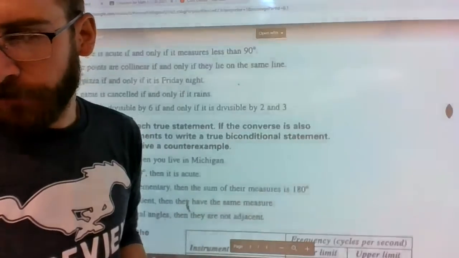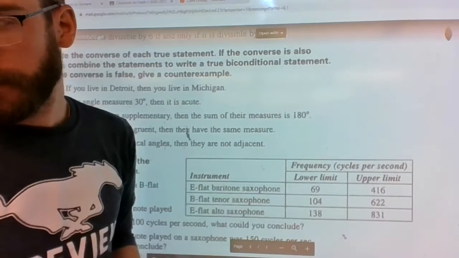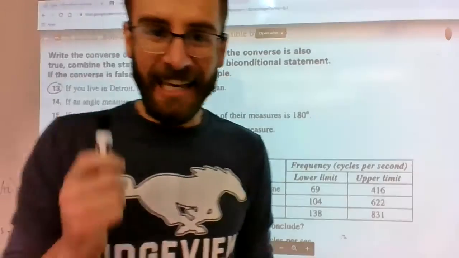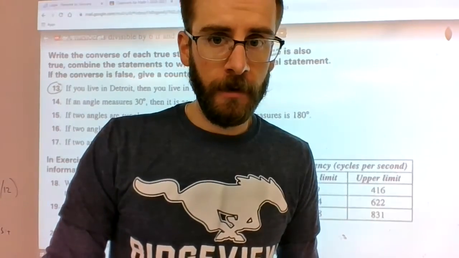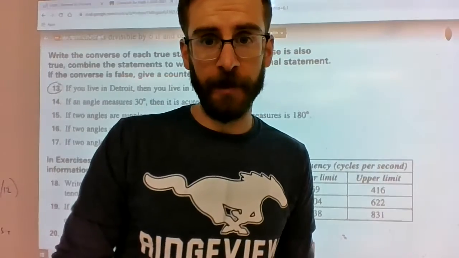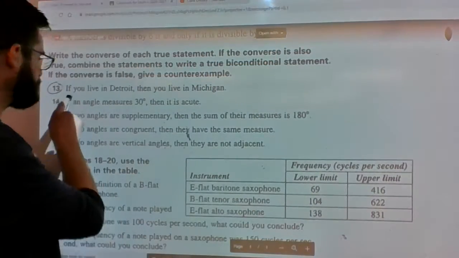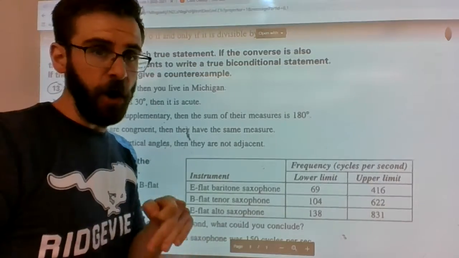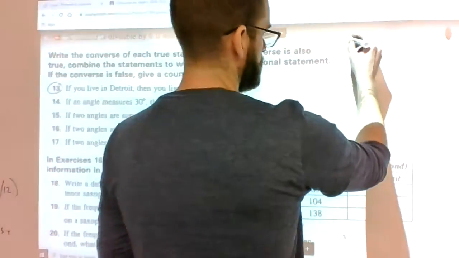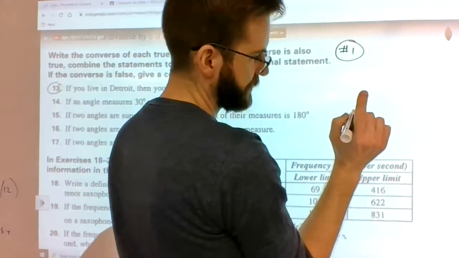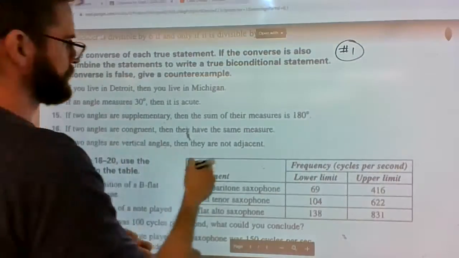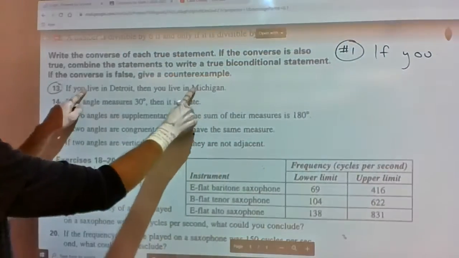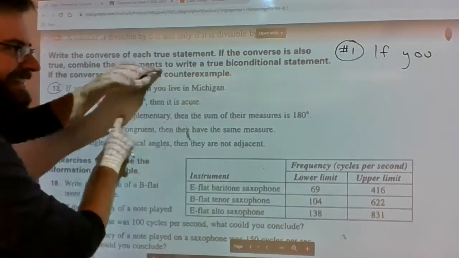I also put an example right here, number 13. Basically, the directions on the homework are going to say, give a counterexample to the converse of the statement. Okay? So number 13 is actually going to show up on your homework. Here's how you're going to answer that on your homework. First, you're going to write the converse. So if you remember, the converse is switching the if and then parts.